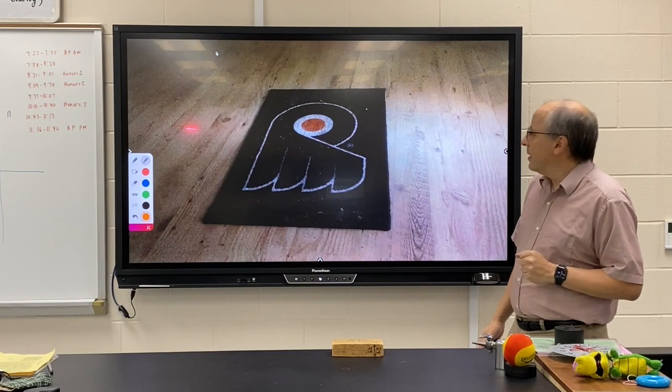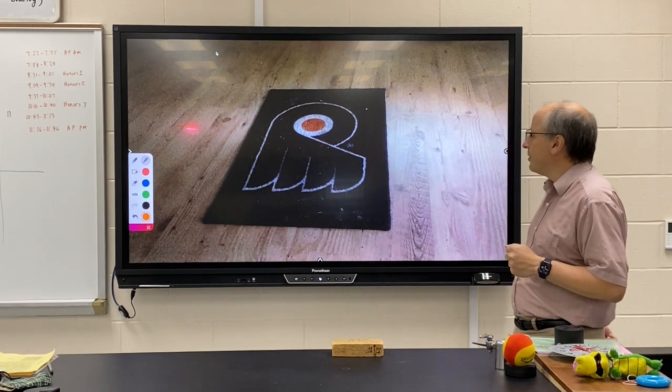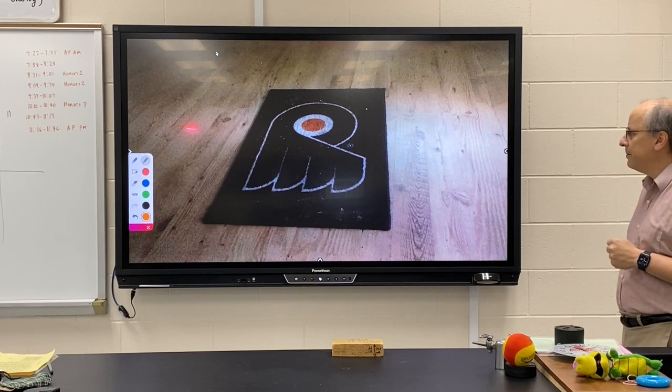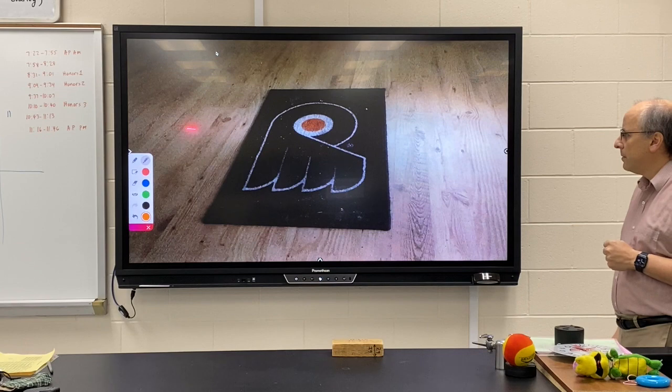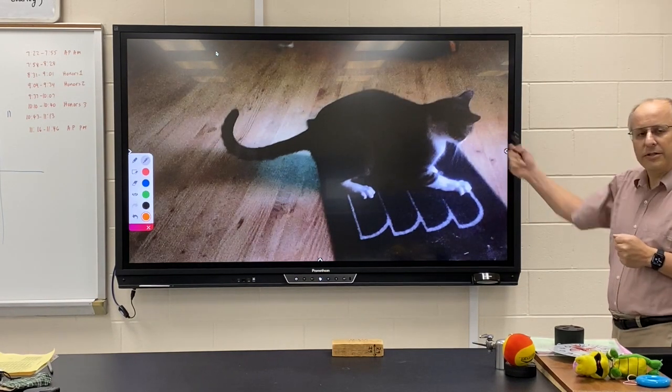Okay, next I'd like you to look at Malachi, that's my cat, sliding across my Flyers rug in my living room. And there he goes.